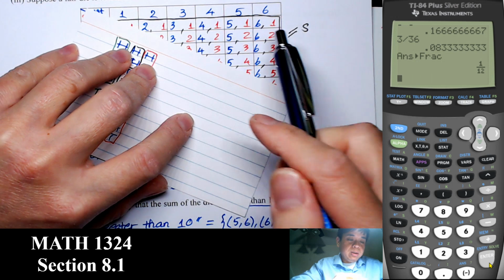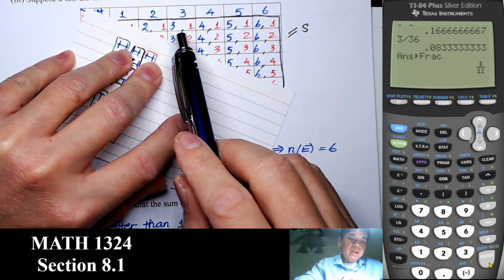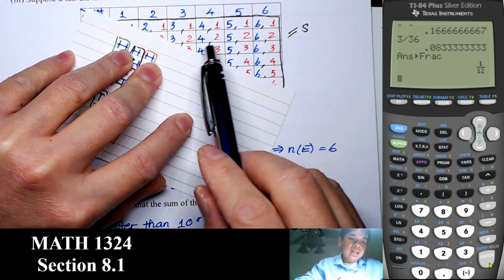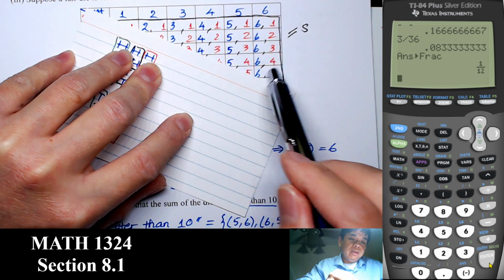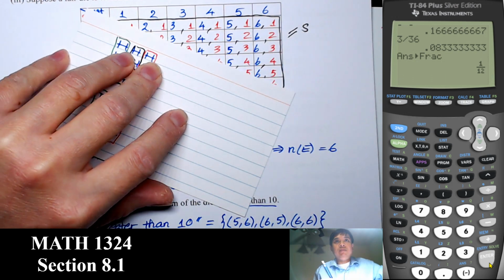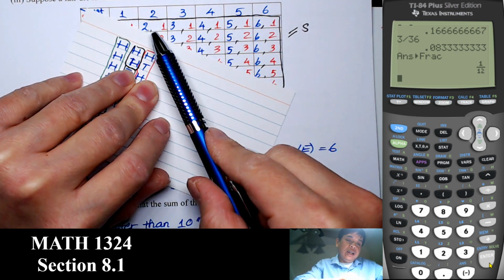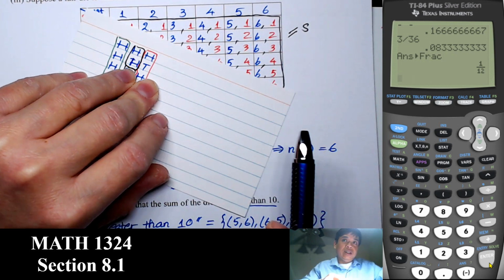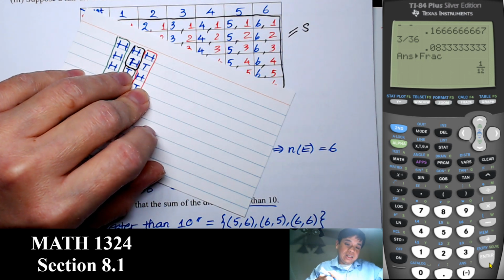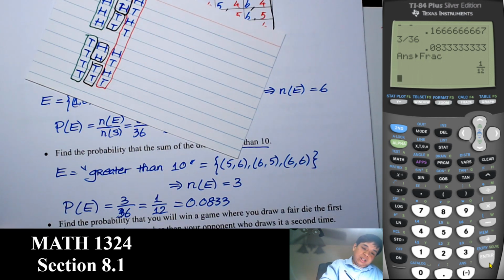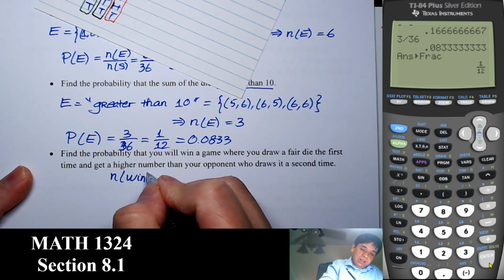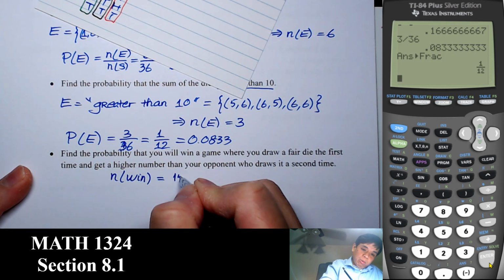So let's count. 1, 2, 3, 4, 5, 6, 7, 8, 9, 10, 11, 12, 13, 14, 15. So there are 15 cases where the first die is greater than the second. So we have 15 outcomes of winning.